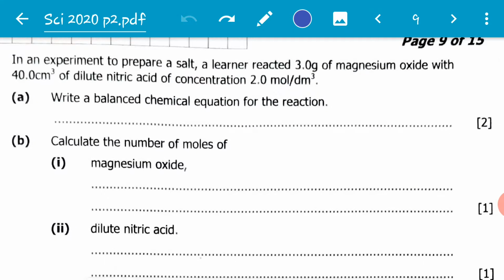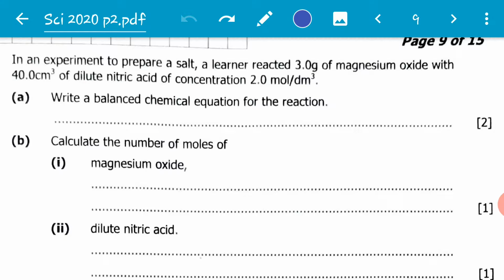Okay, so we are told to write a balanced chemical equation. Remember, we will take note of the following. We are preparing a salt, and we will be using magnesium oxide. Now we need to classify the group of compounds to which magnesium oxide belongs.